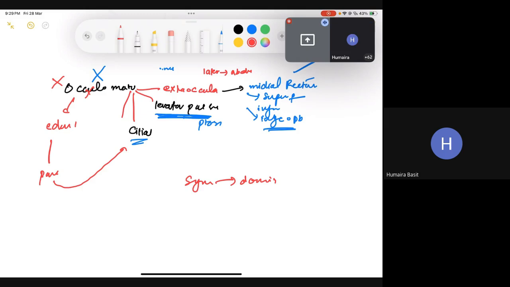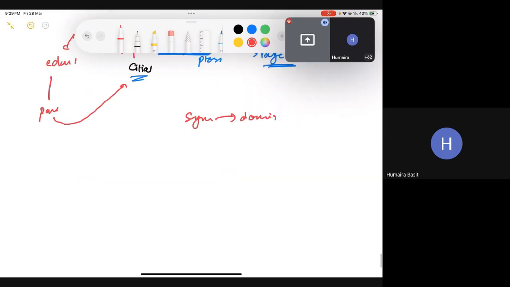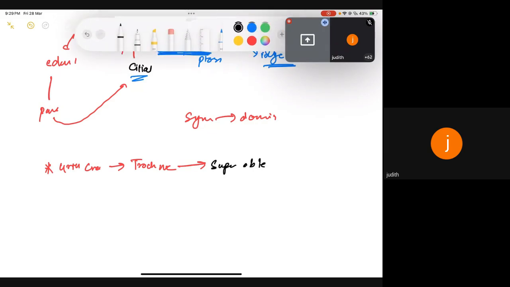So let's discuss our fourth cranial nerve. What's the name of the fourth cranial nerve, by the way? Trochlear. So the trochlear nerve supplies which muscle? Superior oblique. What's the function of the superior oblique? Intorsion, twisting the eye inward. And is it climbing down the stairs or up the stairs?